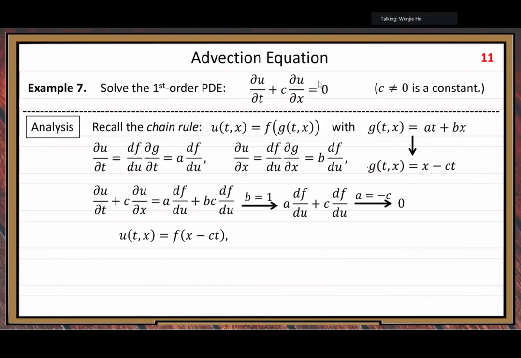Because you need to take the derivative of f, dF over du, f must be a differentiable function. You can use any differentiable function little f here. Then you make u as f of x minus ct, so it is a solution of the original equation.